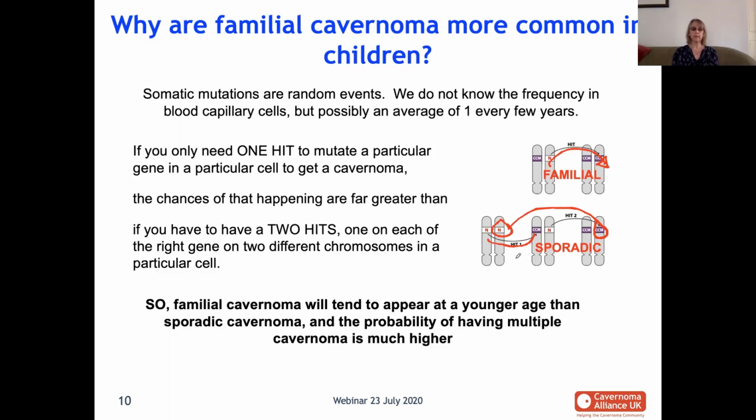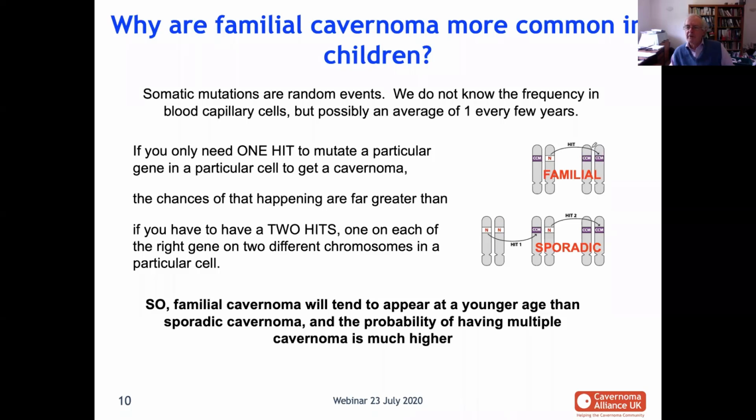So familial Cavernoma will tend to appear at a younger age, because you only have to have the one hit, and the chances of getting one hit are much higher than the chances of getting two hits. Not only will they appear at a younger age, the probability of having multiple Cavernoma with a familial gene is higher, because this is one cell, but then there will be another blood capillary cell somewhere else, to which the same thing will be happening.